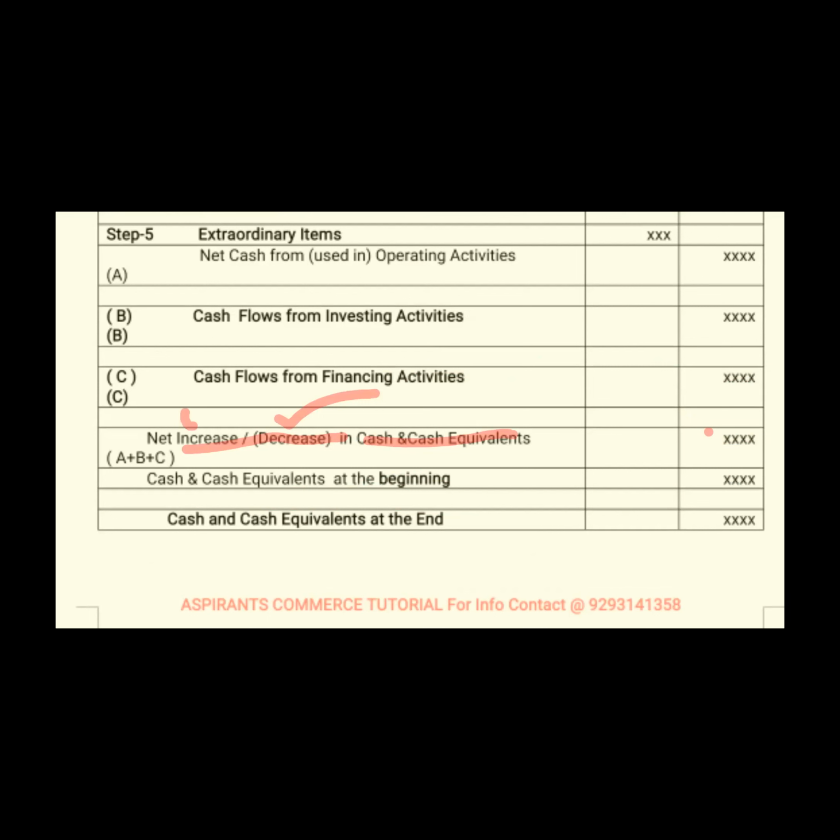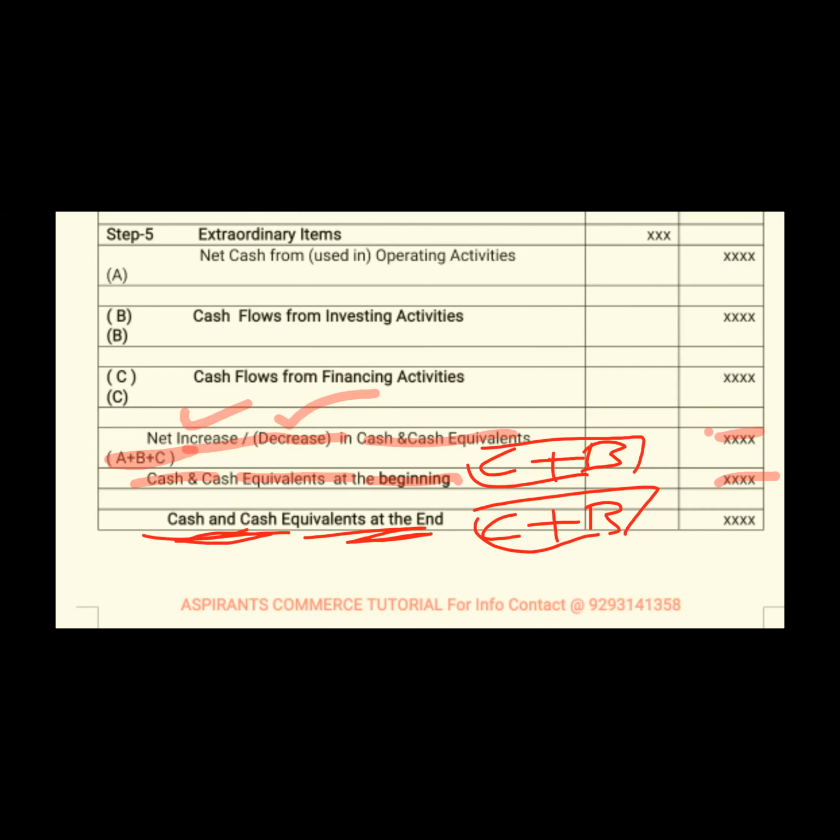If it is plus, you write net increase in cash and cash equivalents, A plus B plus C. To that you add opening cash and cash equivalents at the beginning, that is opening cash and bank balance. If you add, you will get cash and cash equivalents at the end, that is cash and bank balance at the end. That's it, this much only you have to do.